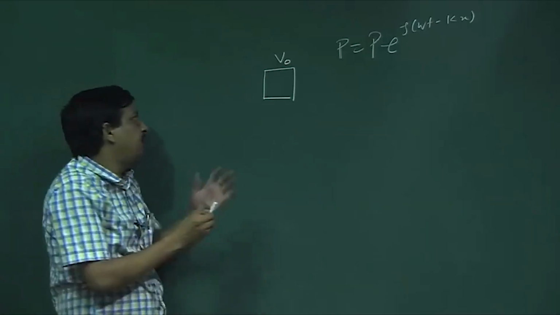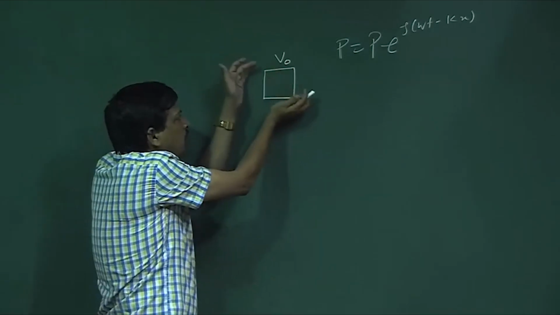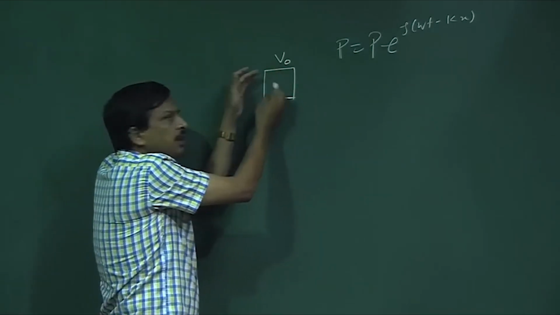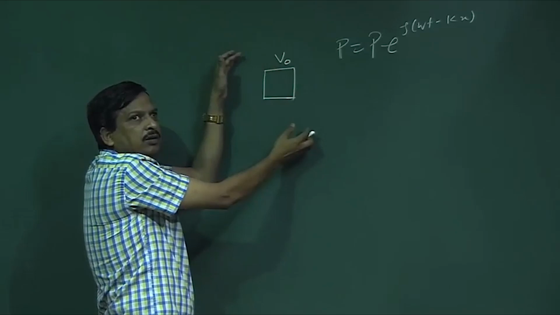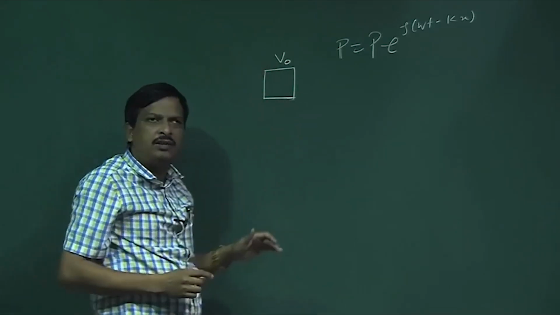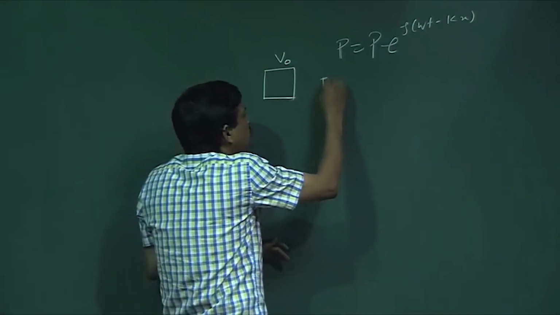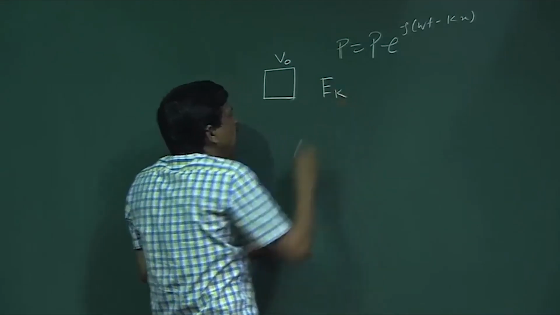When the wave is propagated, this volume will be compressed and expanded. Any compression and expansion has a potential energy, Ep.